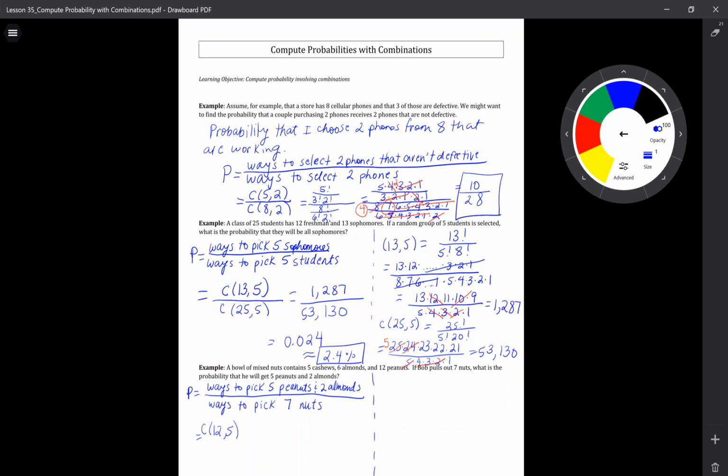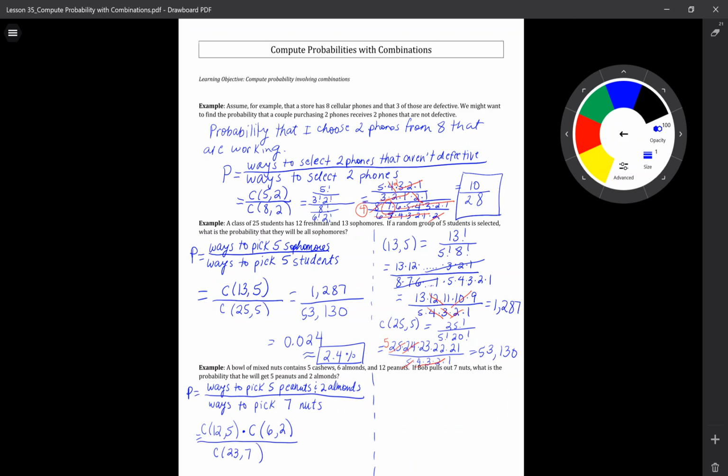The way that I combine these 2 things is I multiply them together, times C of 6 choose 2. Again, the way that I combine when I want to pick 2 separate things is through multiplication. Divided by the ways to pick 7 nuts, that is C of 23 choose 7.